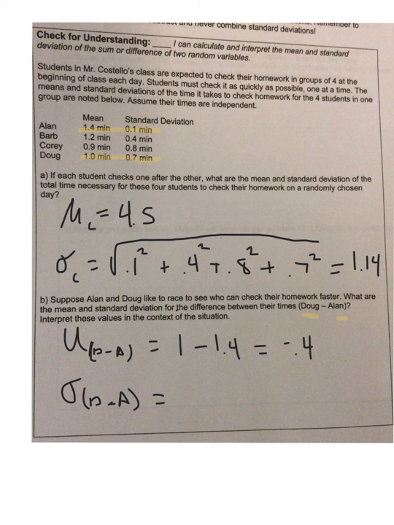We're still going to add those standard deviations. So the standard deviation for Doug was 0.7, square it, plus Alan, which is 0.1, square it, add them together, take the square root, get the new standard deviation, which should be 0.707. Okay, there you go. That's that one.